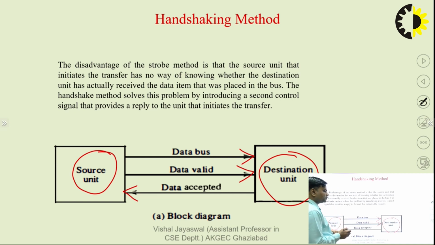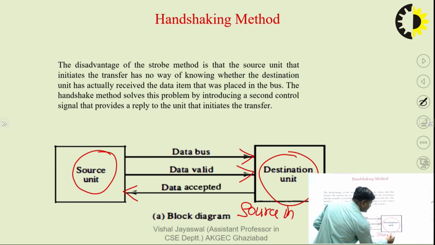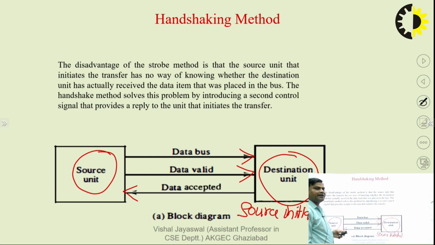So this is the case of source initiated, because the data valid line, just like a strobe line, is activated by the source unit. So we can say that this is the source initiated method of handshaking.